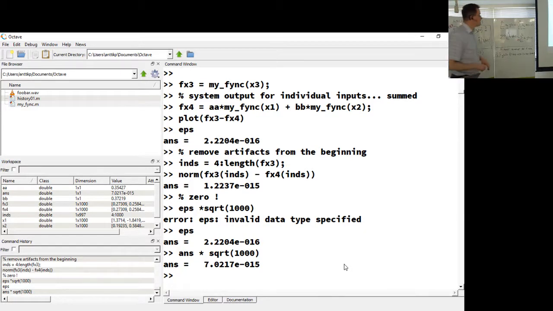Yep. So yes, that is less than the statistical error made by those 1,000 numbers. Okay, that's less.